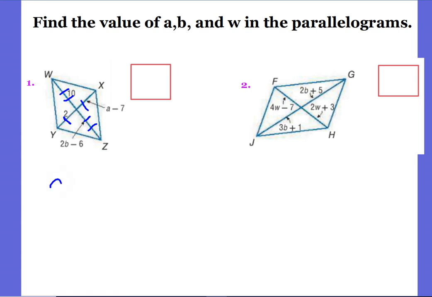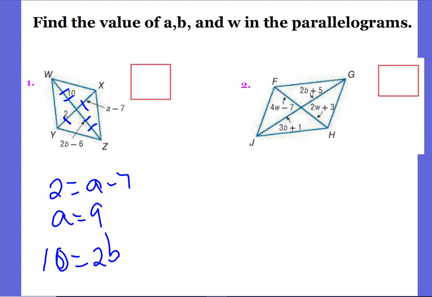So I know that 2 will equal A minus 7 because of their congruency, meaning that A is equal to 9. And I know that 10 will equal 2B minus 6 because of their congruency. So I have 16 equaling 2B, and B ends up equaling 8 after dividing through.